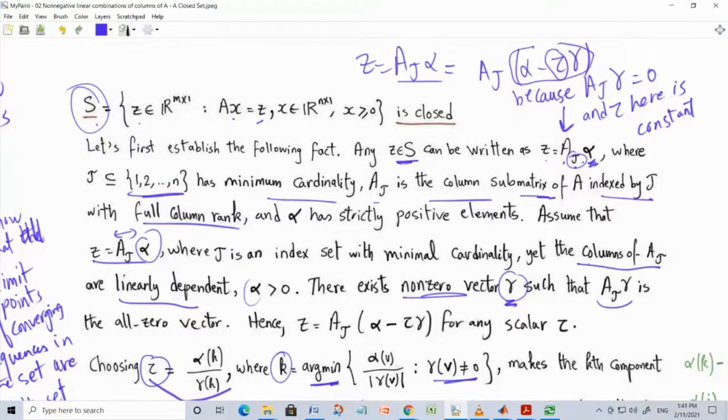And the procedure explained here tells you that if you find a collection of columns of A to express Z, and those columns are linearly dependent, what you should do to obtain a linearly independent collection of columns of A, such that Z is equal to a positive combination of those linearly independent columns.